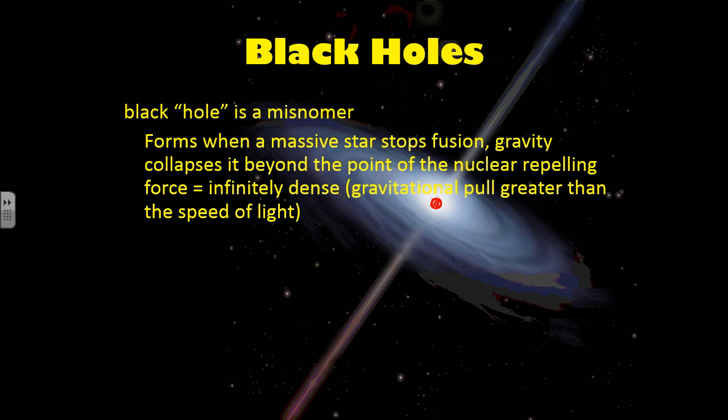It's so great that when light is emitted from this object, the gravitational force pulls it right back in to it. So black holes do not emit any light, which was one of the very difficult parts in actually trying to locate them. But we are able to see them by the effects that they have on space around them. And you can see some of those in this artist's drawing here.